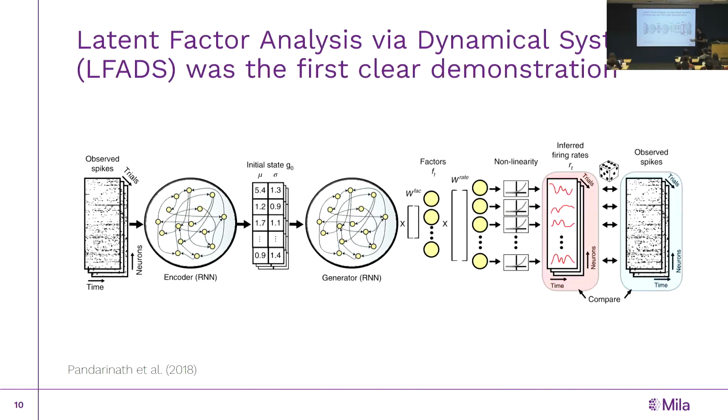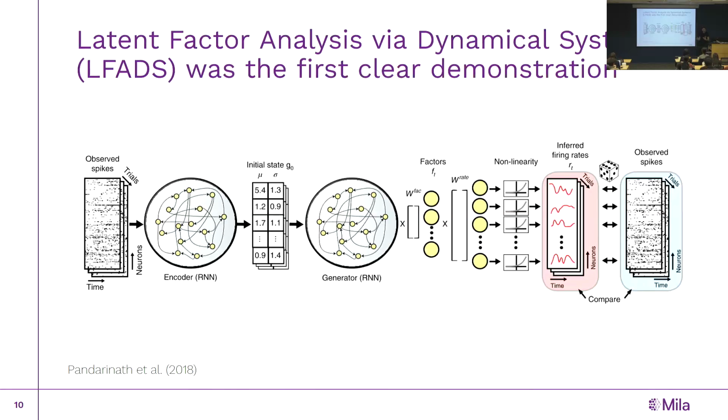So the core idea was you're going to feed your spikes into a deep neural network, and the deep neural network's job is going to be to recreate those spikes according to Bayes optimal principles, courtesy of variational autoencoder math. You have an encoding RNN and a generator RNN, where the generator RNN is then going to spit out for you in a series of factors the underlying core dynamics that the system is ultimately engaged in computing.